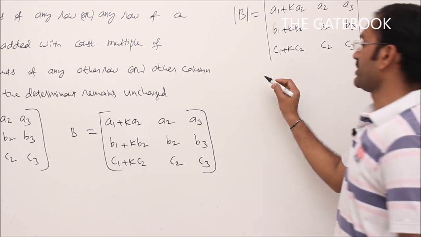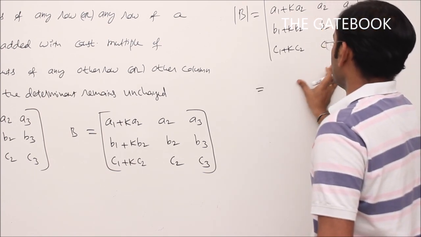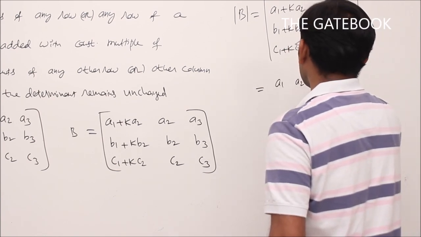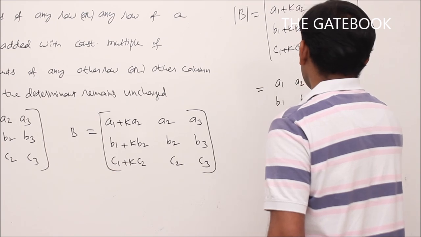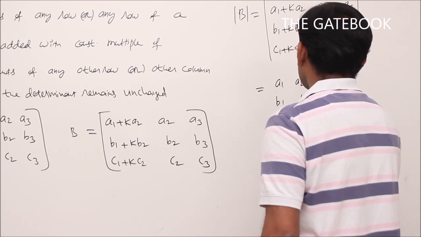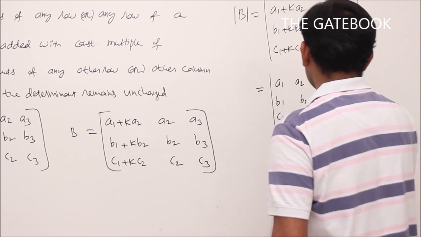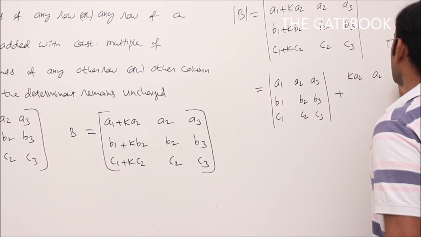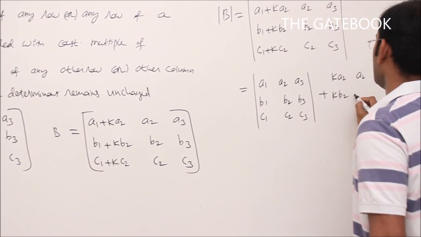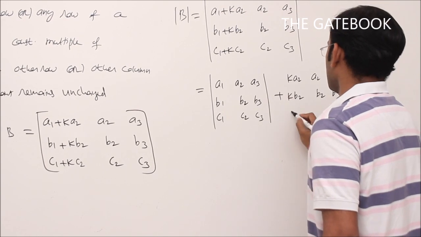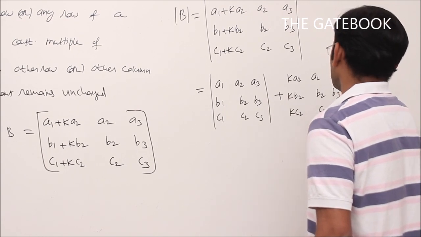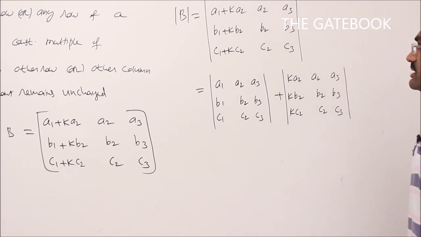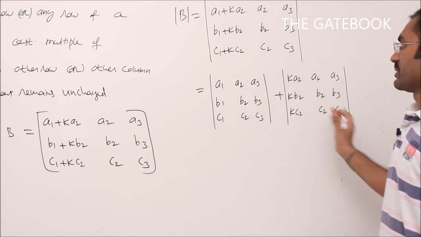Now, using that previous property, I can write this determinant as the sum of two determinants like this: A1, A2, A3, B1, B2, B3, C1, C2, C3 plus KA2, A2, A3, KB2, B2, B3, KC2, C2, C3. Using the previous property, writing the determinant as a sum of two determinants.